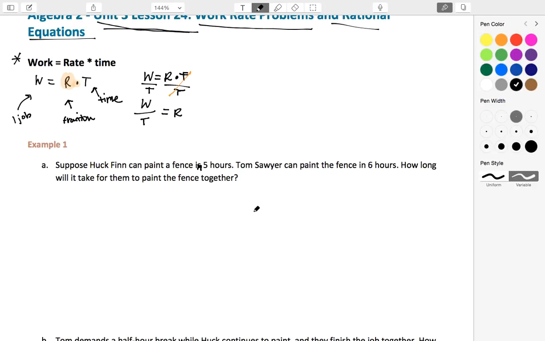Okay, now I'm only going to show this once to you just to show you why the formula that we've used before, job over time plus job over time equals the one job over total time. Okay, I'm going to show you why that makes sense with this example here.